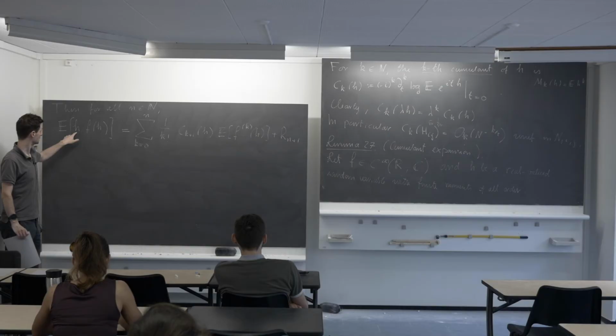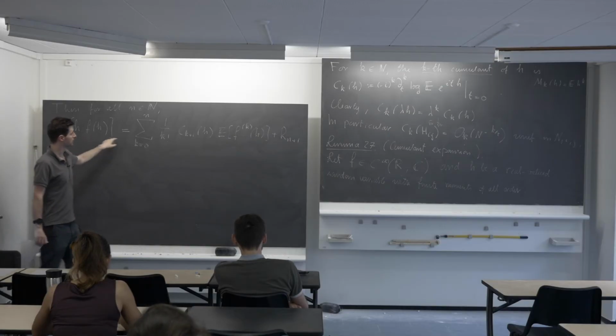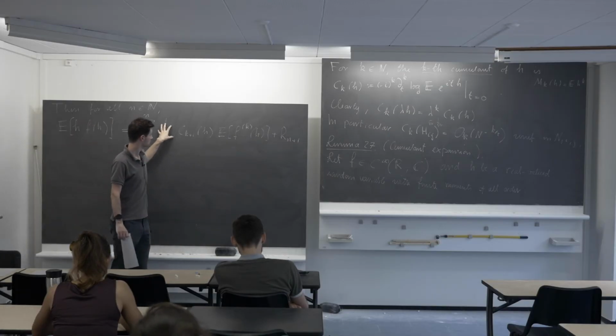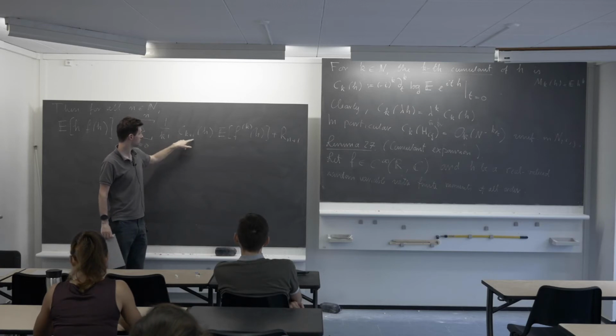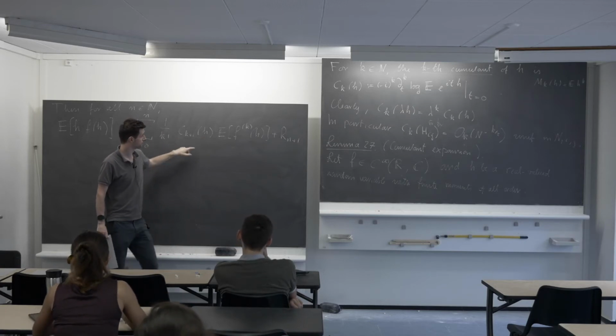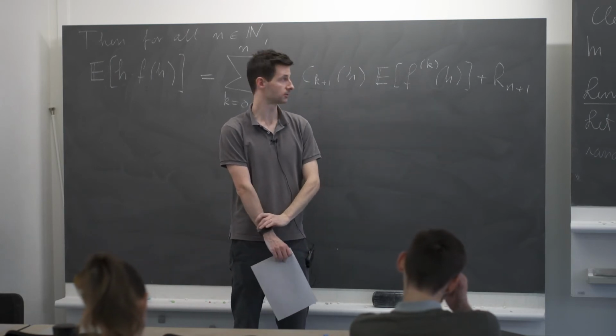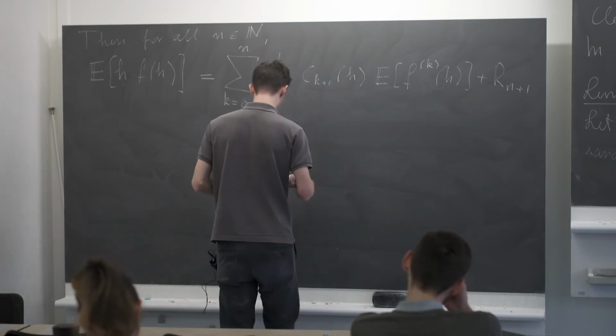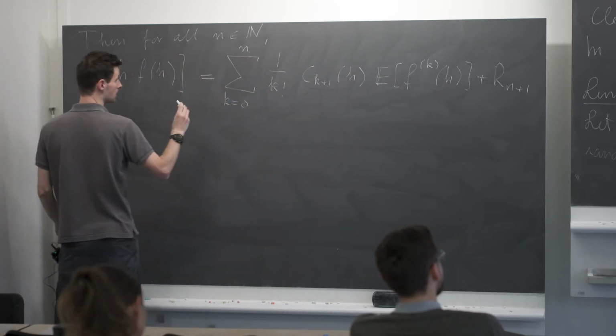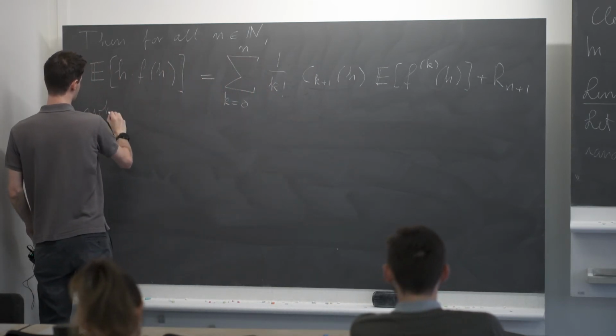So in other words, the expectation of h times f of h is given by such a series. The coefficients are precisely the cumulants of h, and then you take the expectation of the kth derivative of f at h. And then you have a remainder term r, which ultimately, as you might imagine, comes from some Taylor expansion.